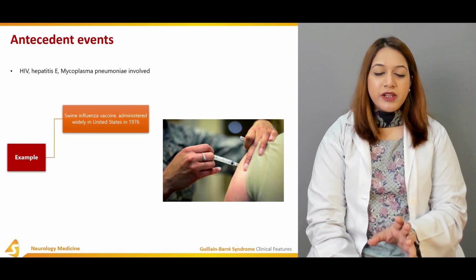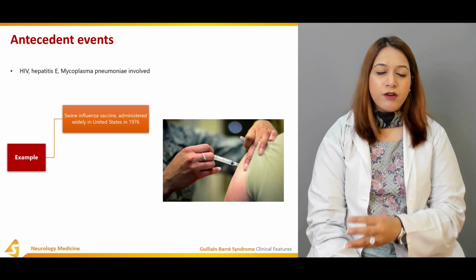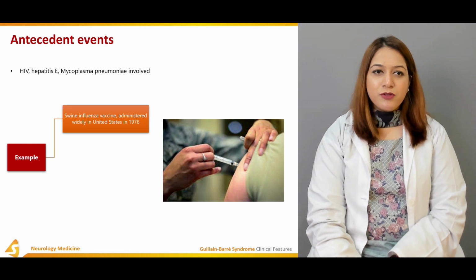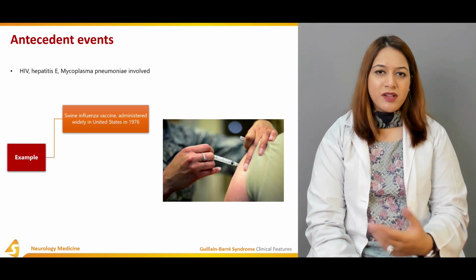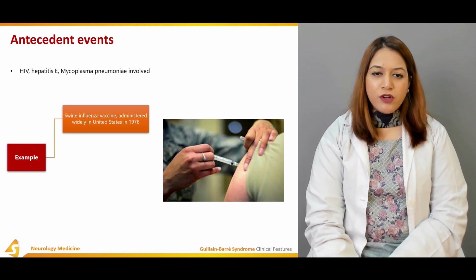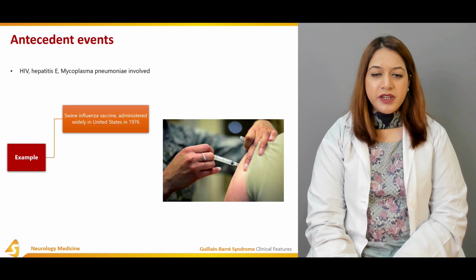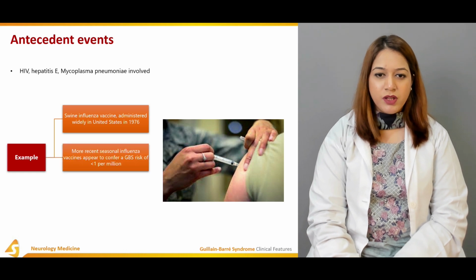These are basically involved in those patients who are recently vaccinated. There are certain examples of patients getting GB syndrome after a vaccination. One of those is a swine influenza vaccine that was administered widely in the United States in 1976, and many patients suffered from GB syndrome after getting this vaccination.